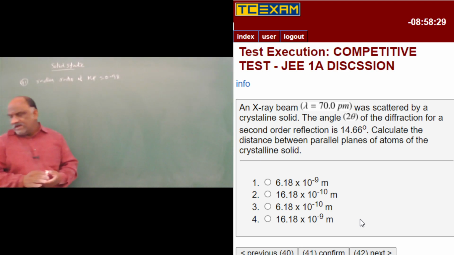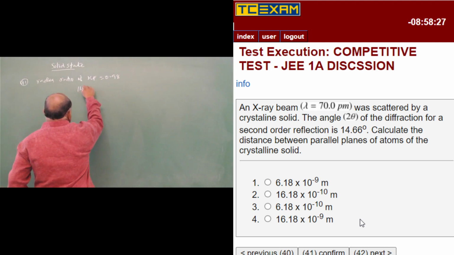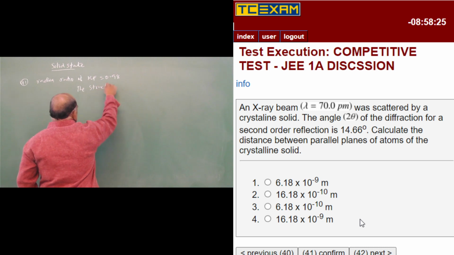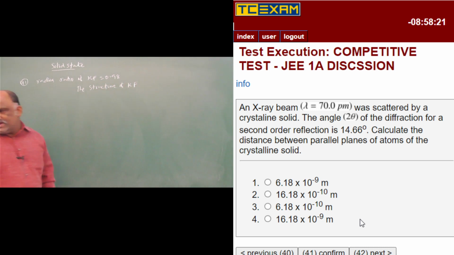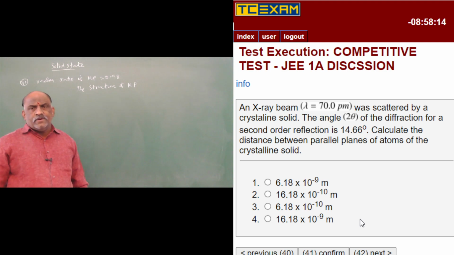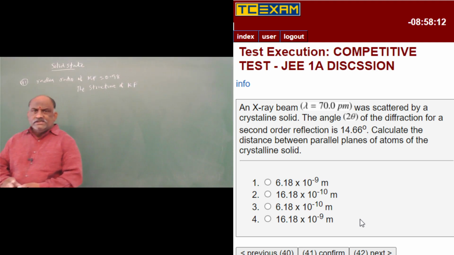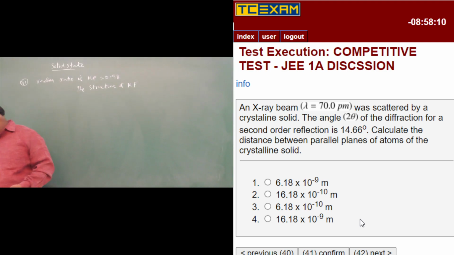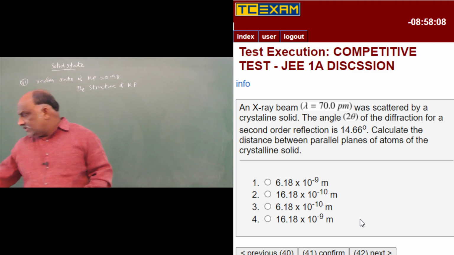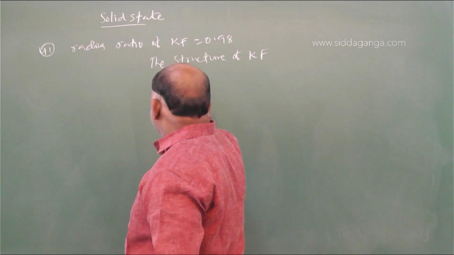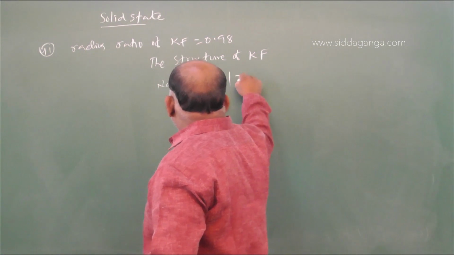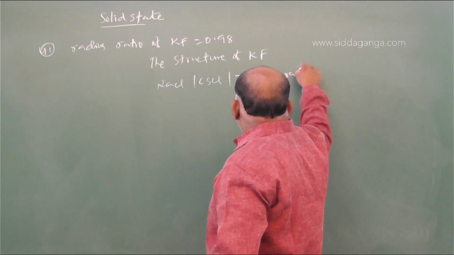The structure of KF, what about that? Is of the type: options given are sodium chloride, cesium chloride, ZnS, and graphite. Four options were given: NaCl, CsCl, ZnS, and graphite.